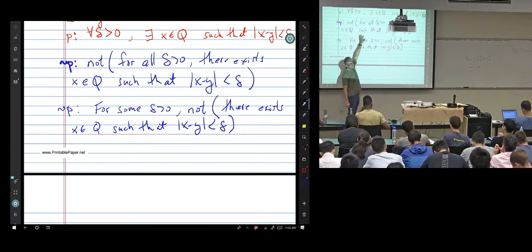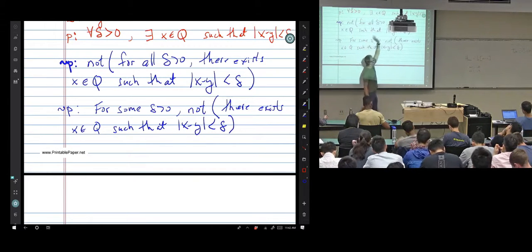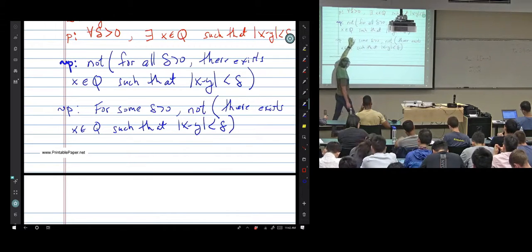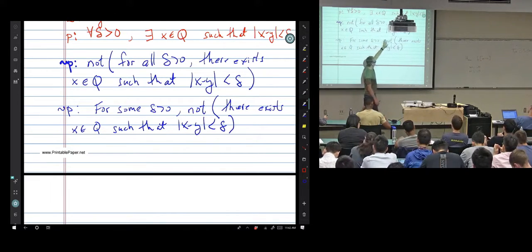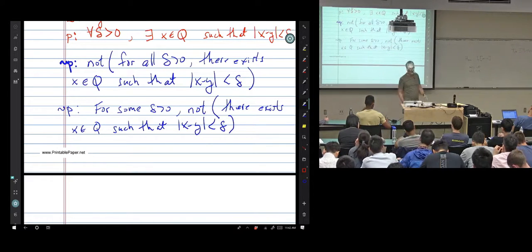It is not true for all delta greater than 0 that the following approximation statement holds. Hence, for some delta positive, this approximation is false. Okay? That's the pattern.